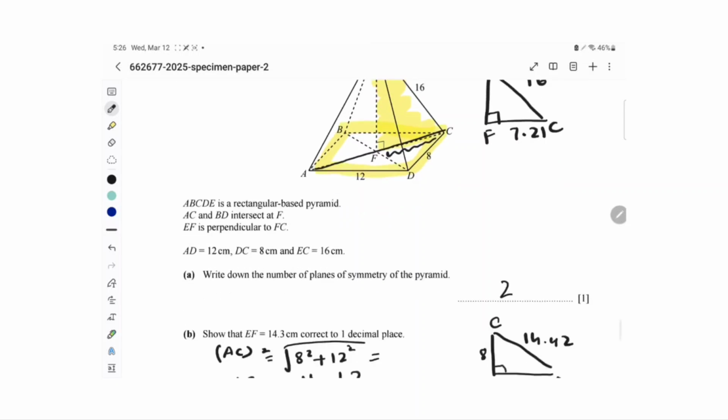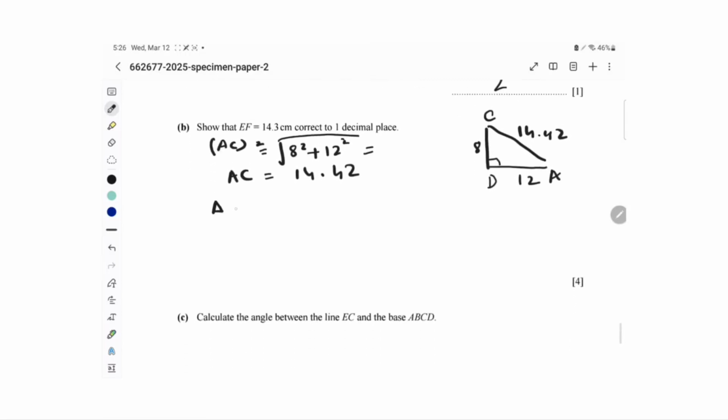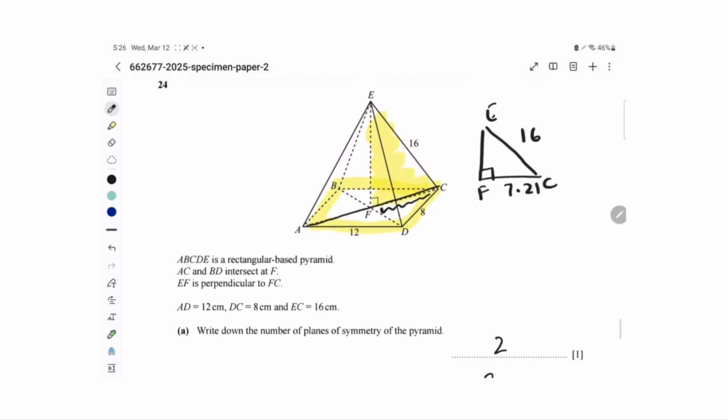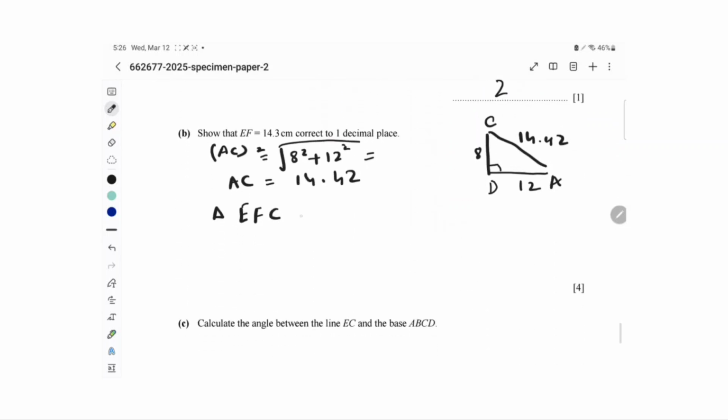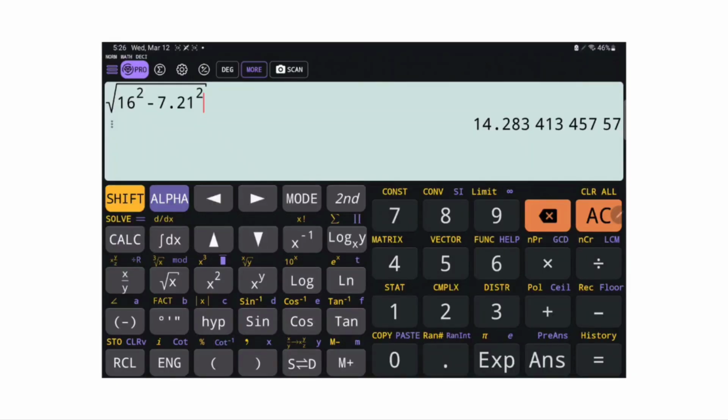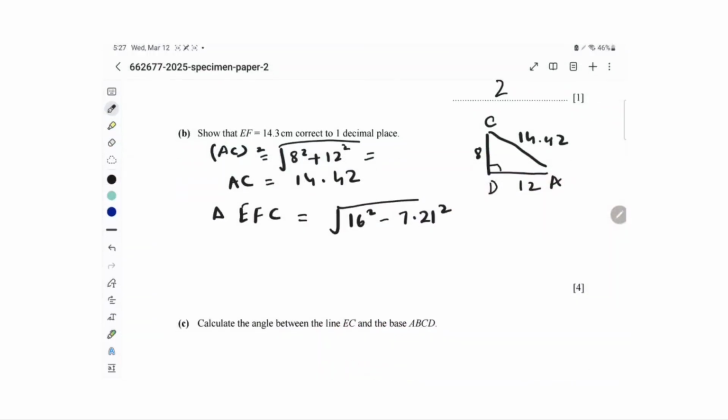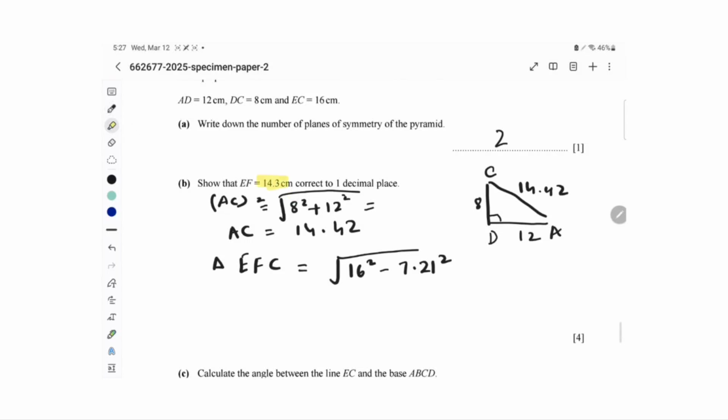So in triangle EFC, you will have the square root of 16 square minus 7.21 square. 16 square minus 7.21 square gives 14.28, which is 14.3, which they are asking us to show. So that is equal to 14.3 centimeter, shown.